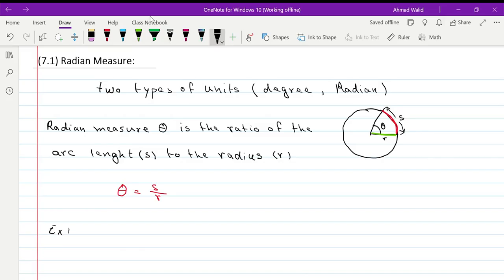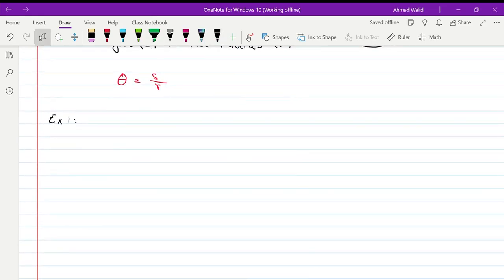But really an easy example is, if I give you a circle like this, and if I give you the arc length and the radius of this circle, easily you can say how much is the measure of your angle in radian. For example, in this example, the arc length is 15 centimeter and your radius is 6 centimeter.